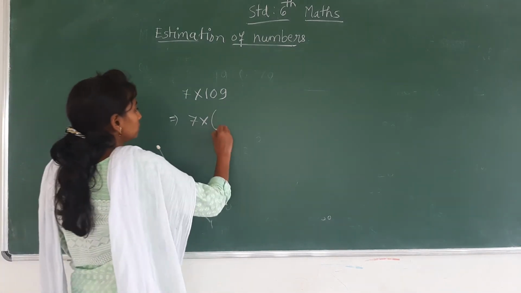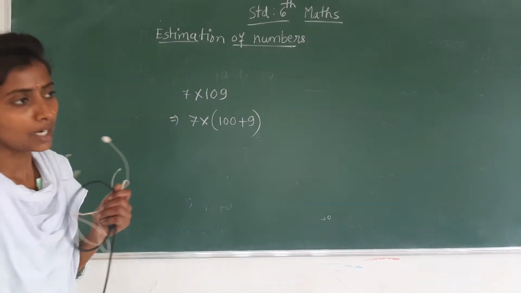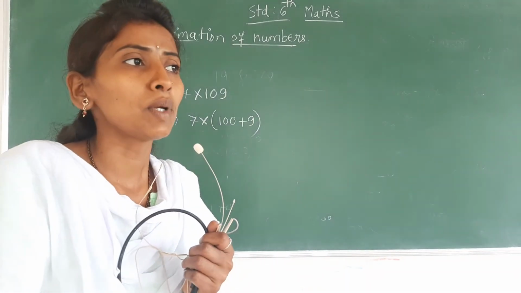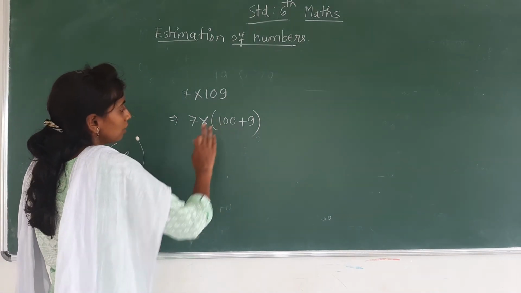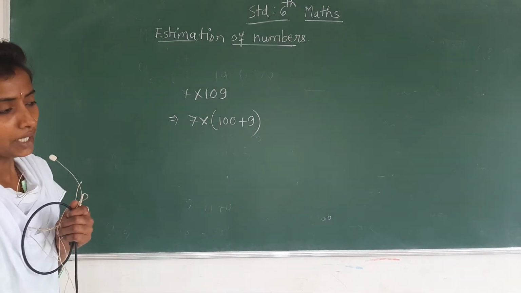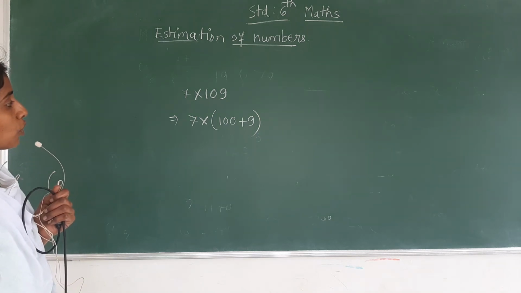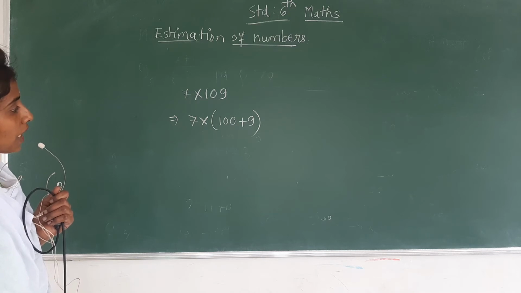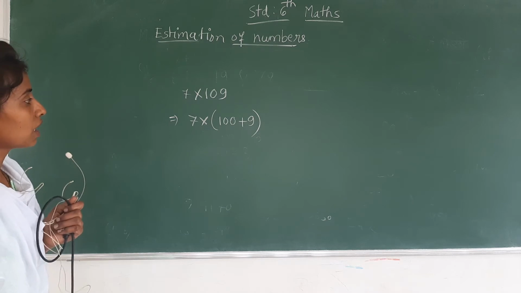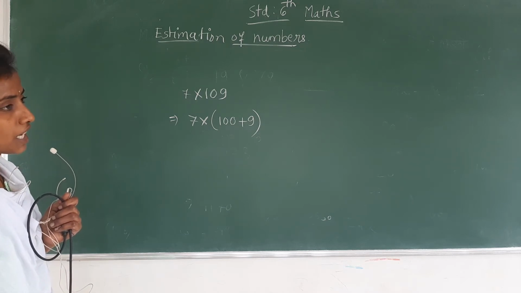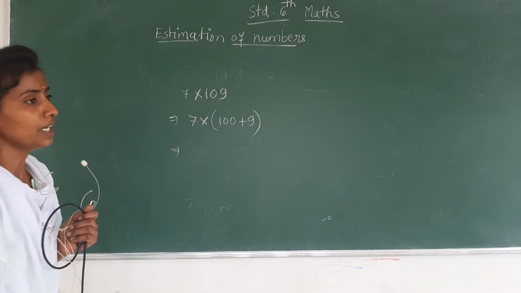I am separating 109 into 100 plus 9. 100 plus 9 is equal to 109. Only the number is being expanded. We are expanding the brackets now. For 109, I write 100 plus 9 in the bracket. Remember, a bracket is always a sign of multiplication. Means 7 is in multiplication with the bracket.